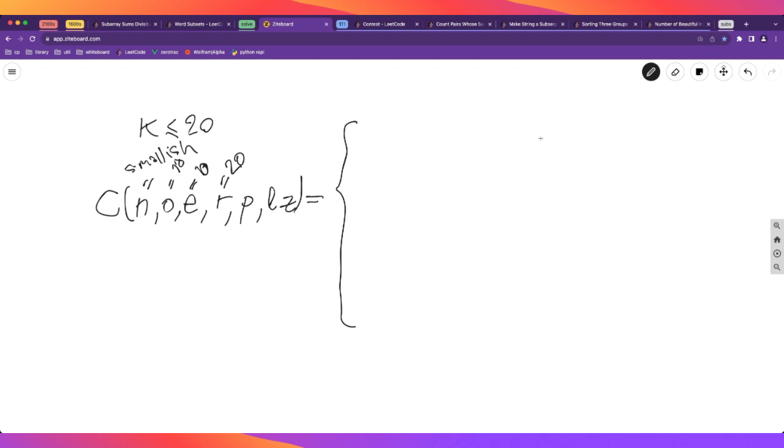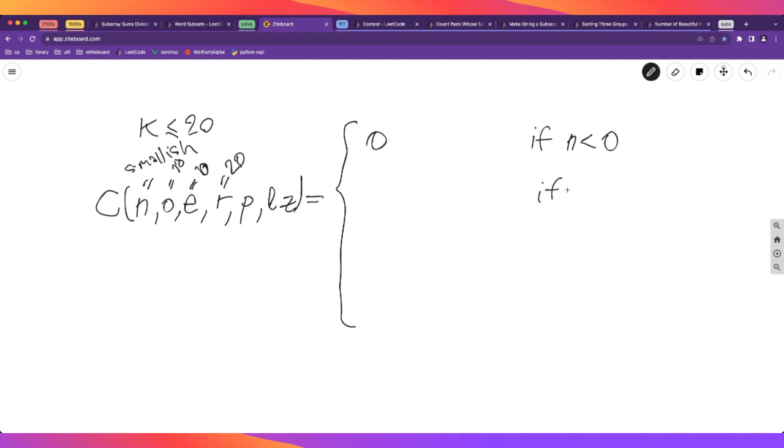Okay, so now we have a few cases. If n is less than 0, it means that there are no numbers greater than or equal to 0 that are less than or equal to n. So the count is 0 in that case.